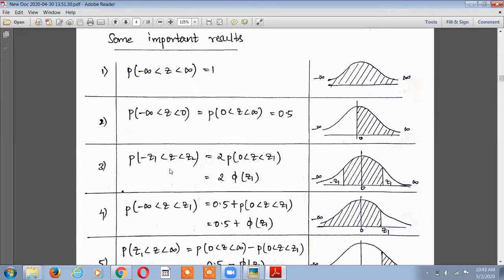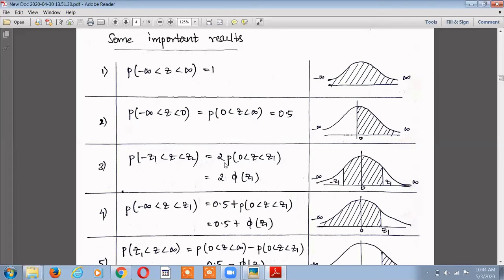Next one, probability of z between minus z1 and plus z1. So you can see the region here. We are interested in finding the area below the curve from minus z1 to z1. So this area I can write as 2 times the area below the curve from 0 to z1, because the graph is symmetric here.